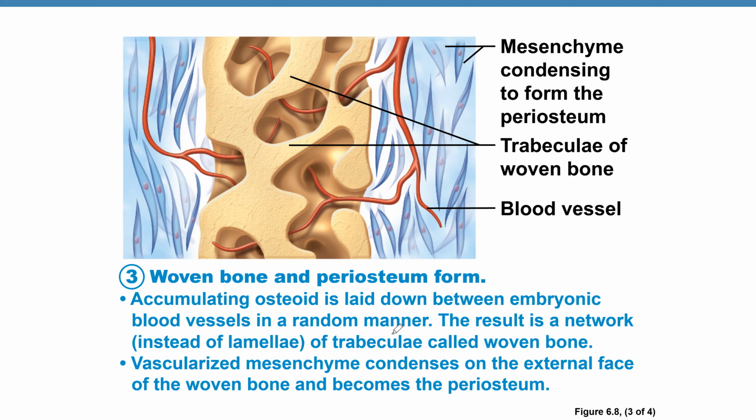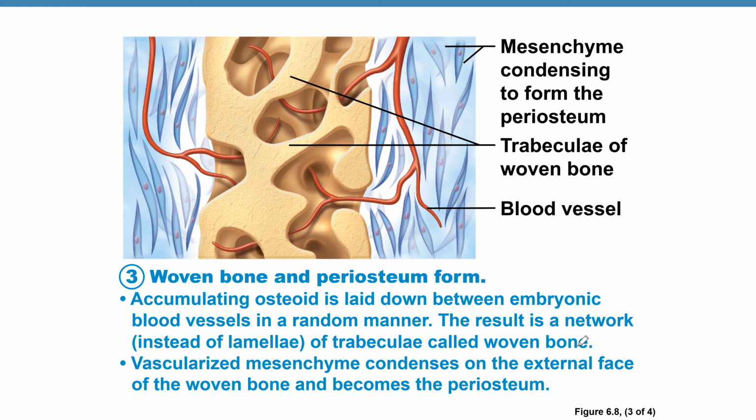The result is a network instead of lamellae, because we have concentric lamellae that make an osteon in compact bone, but here instead of lamellae, we have trabeculae. Those parts of the bone matrix are called trabeculae, and this type of bone is called woven bone.